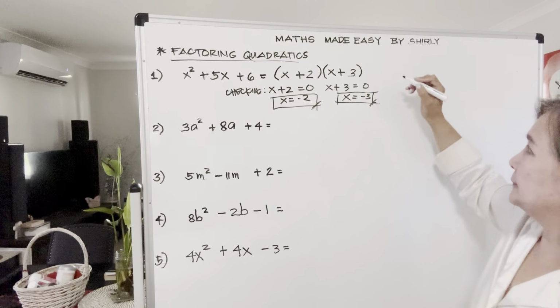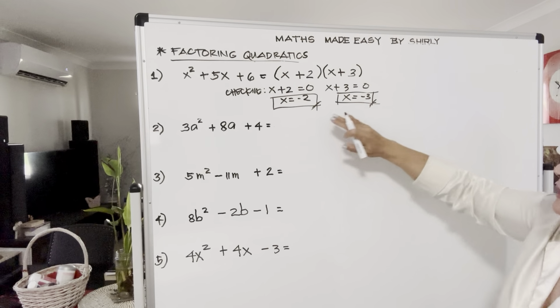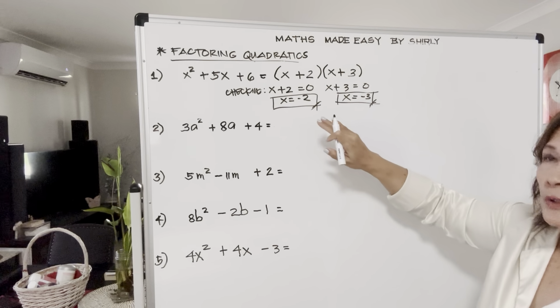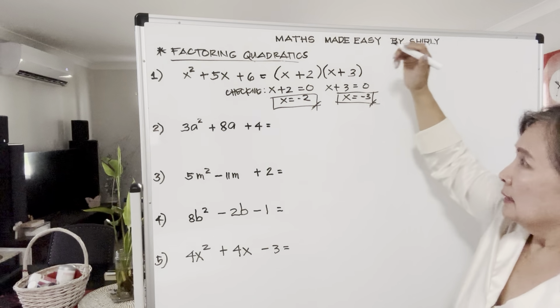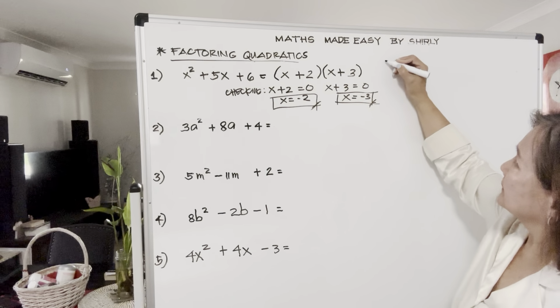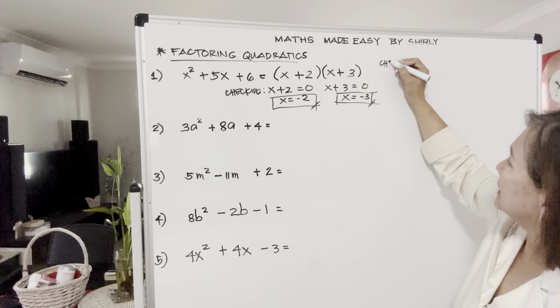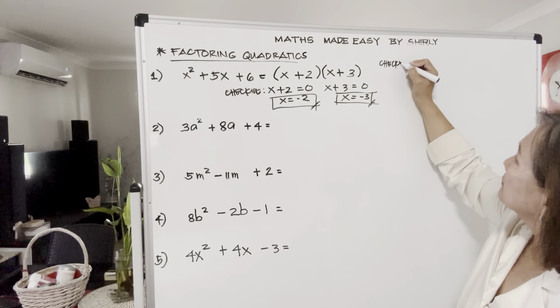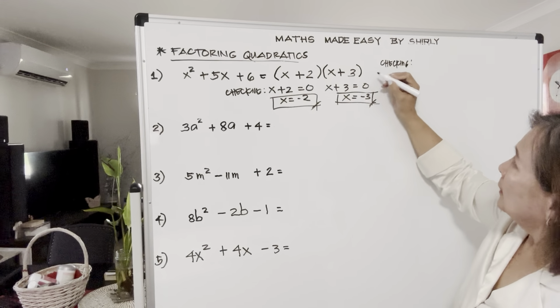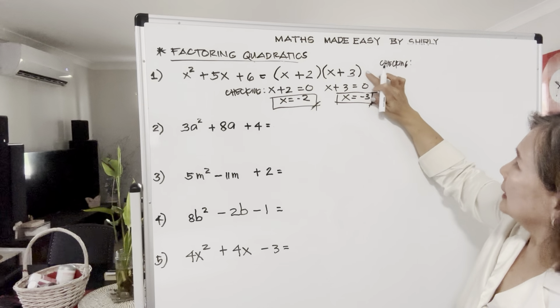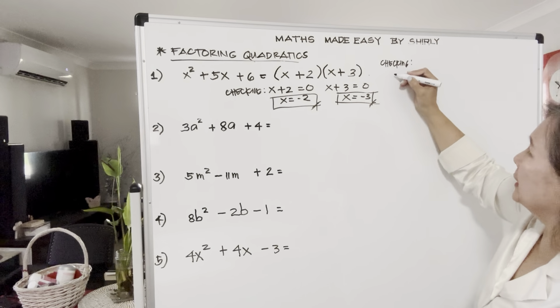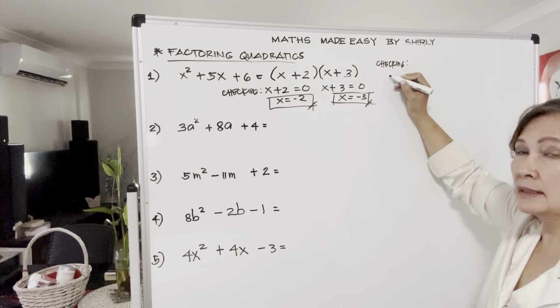Let us further check if these are really the solutions of the given quadratic. So again, checking by substitution. From the given general equation, we have x squared plus 5x plus 6.